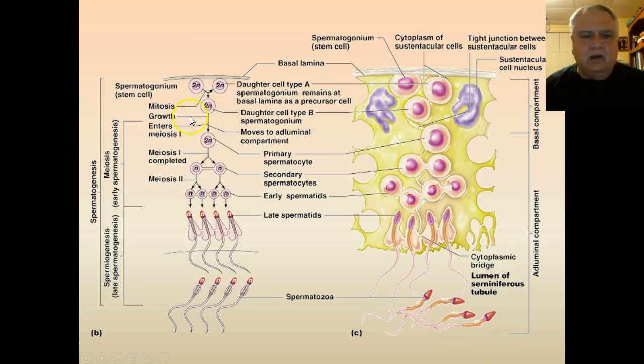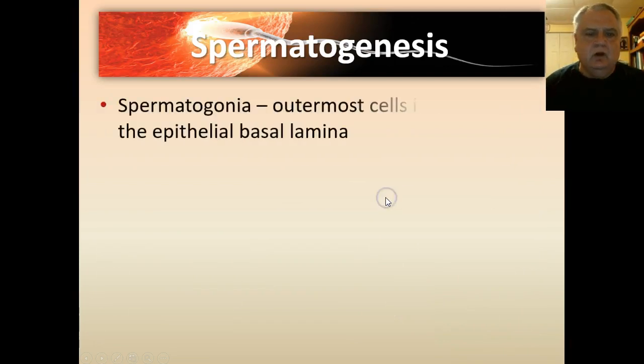Here on this side of the diagram, we're showing what's happening with chromosome number. Here on this side of the diagram, we're showing how the cells are moving from the outer portion of the seminiferous tubule toward the lumen of the seminiferous tubule. Okay, so let's start with those spermatogonia.